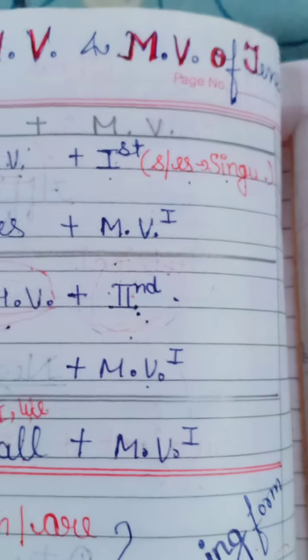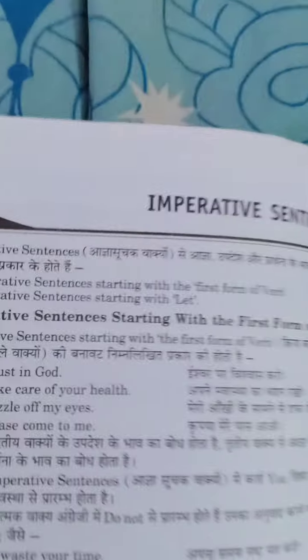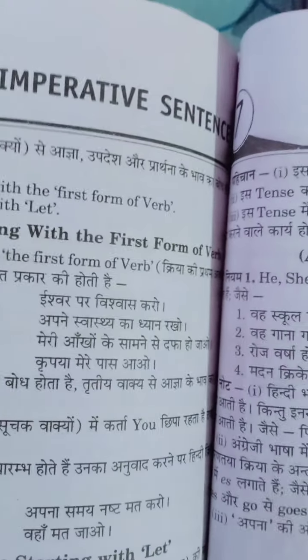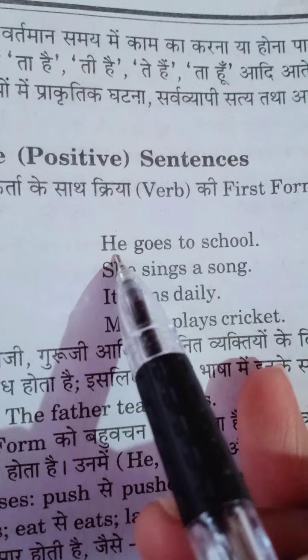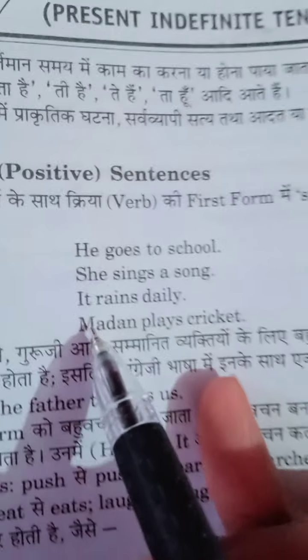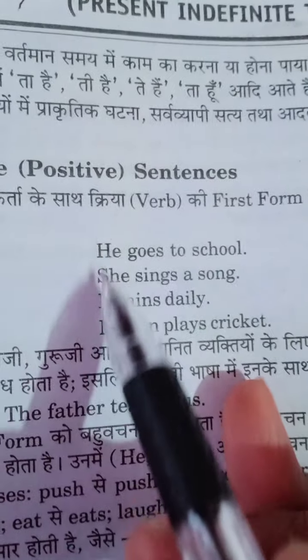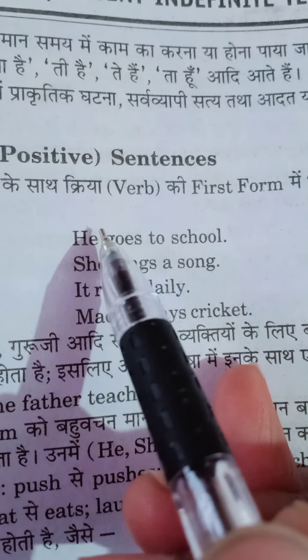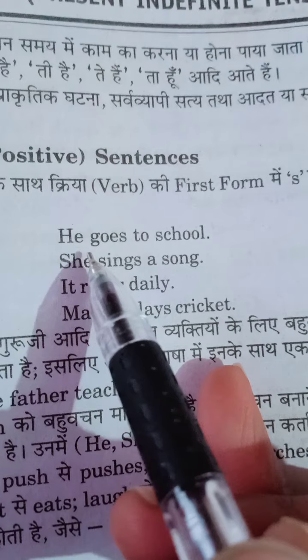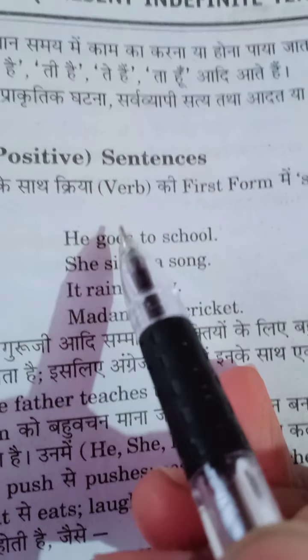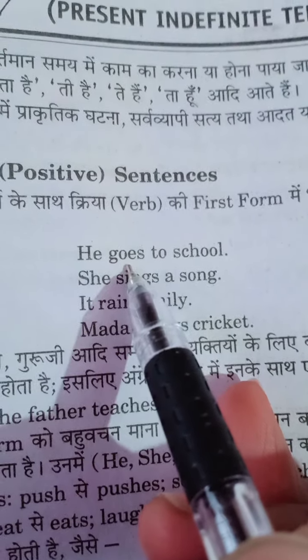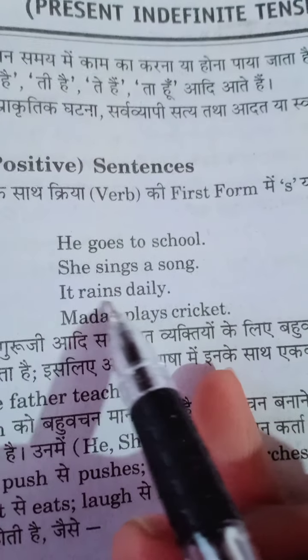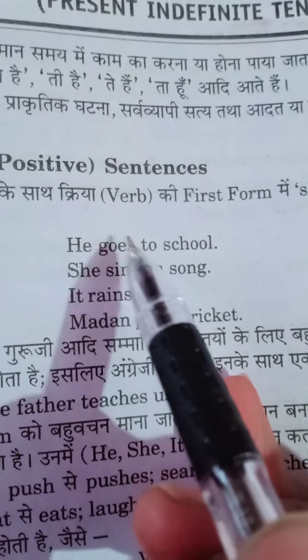I am going to give you an example. He is a singular number. He, she, it, Madan, all are singular numbers. So it will not take any type of helping verb, as we have already read. But along with the first form of the main verb, we have to add s or es accordingly.